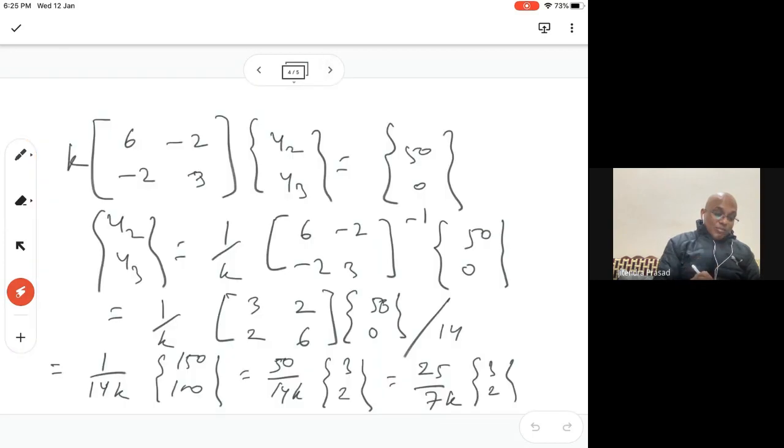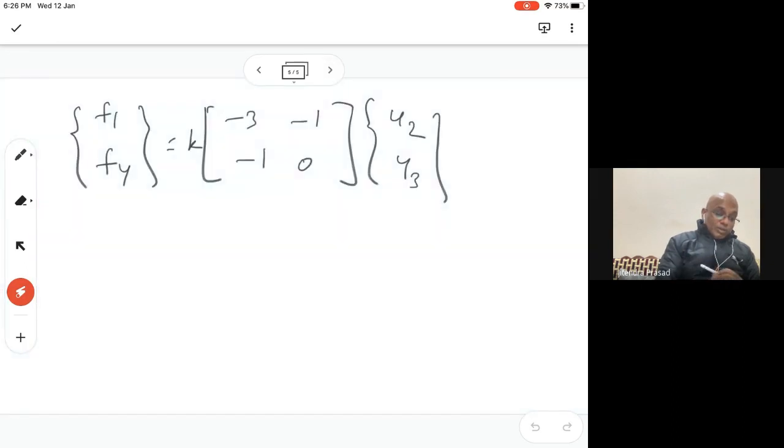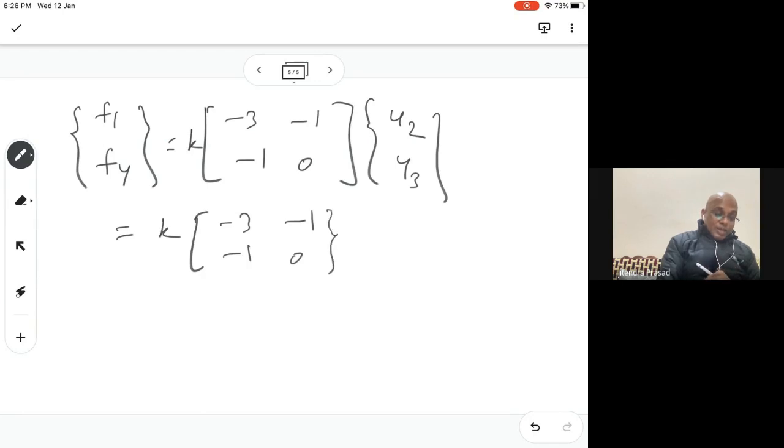Now for f1 and f4, the value of u2 and u3 is 25 divided by 7k, 3 2. So this is equal to k times minus 3 minus 1 minus 1 0, yeah, and then 25 over 14k, 3 2.